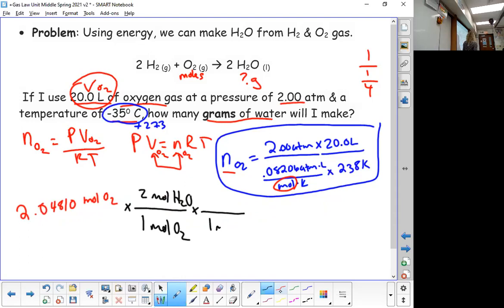And then in 1 mole of water, there's 18.02 grams. So we're making a little over 4 moles worth of water. Final answer rounded at the very end, 73.8 grams of water.